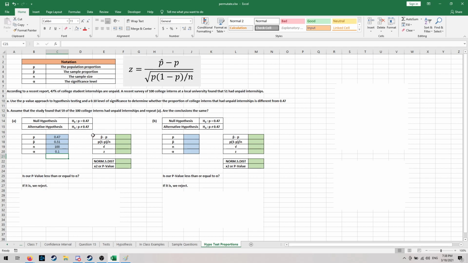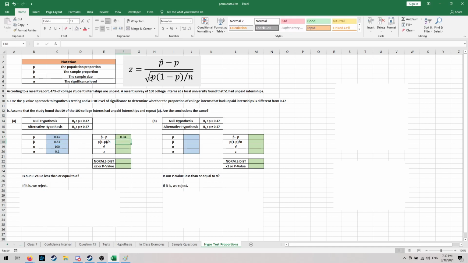And I've got this split up into 4 steps that I would use just so I can walk you through it slowly, so I can show you where all of the math comes from. So we're going to start with the top of our equation, p hat minus p, or the sample proportion minus the population proportion.